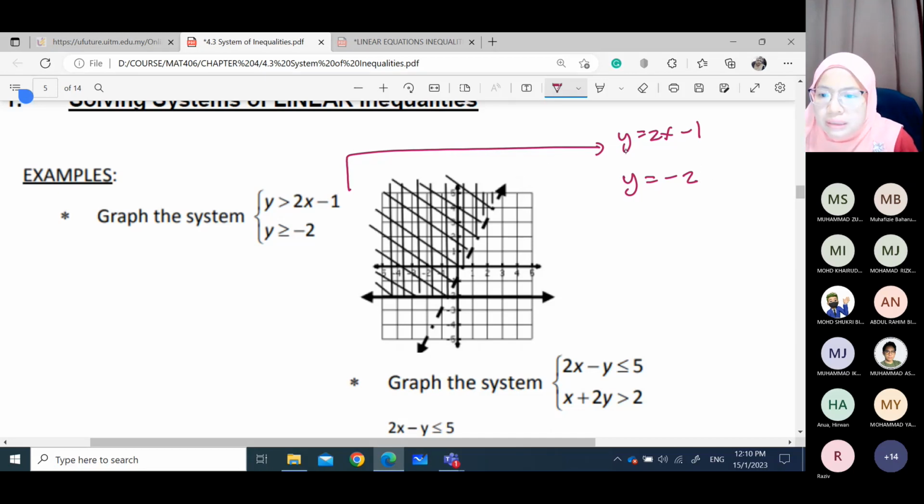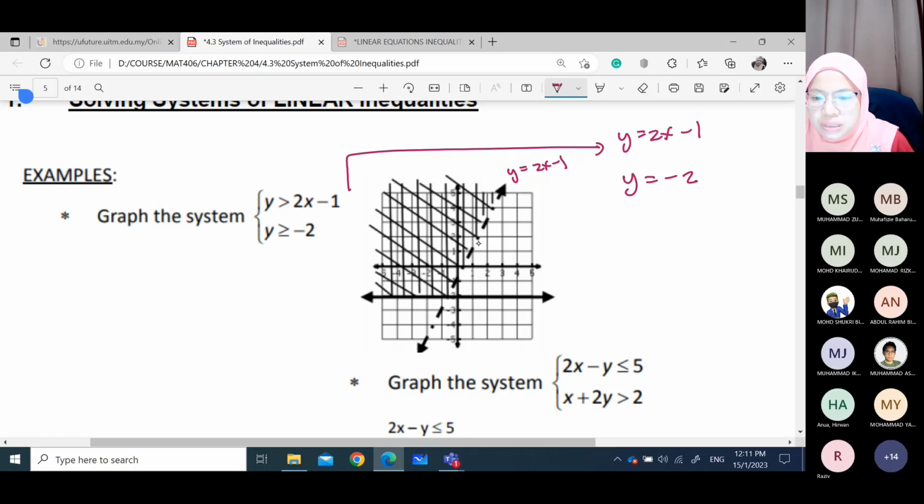Okay, so you kena draw these graphs. Untuk yang first, y equals 2x minus 1, this is the graph. Bila you lukis graph macam ni, you kena labelkan dia, sebab kita ada lebih daripada satu graph. So nak tahu graph yang ini equation yang mana. For this one, the equation is y equals 2x minus 1.